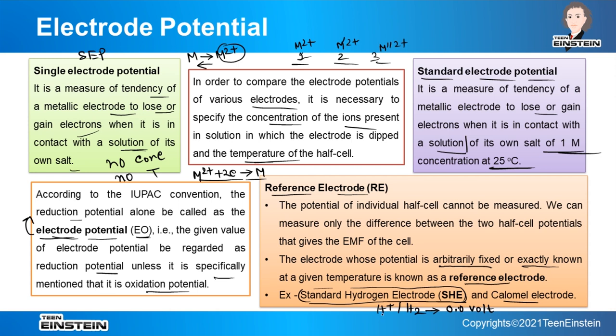But as the H+/H2 system is one half of the overall reaction, now you know the overall electrode potential from the galvanic cell, and you also know the reduction potential of one of these half reactions. So obviously you can get the electrode potential of the other system, because two values are known and only one is unknown. Now we will see how, by using a reference electrode, we can measure the standard electrode potential.